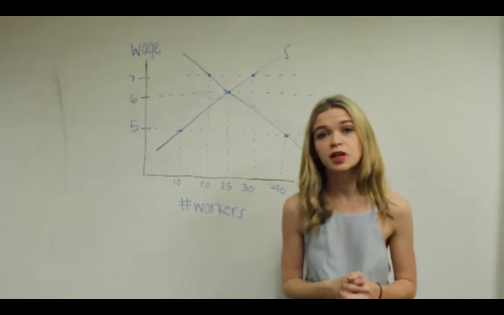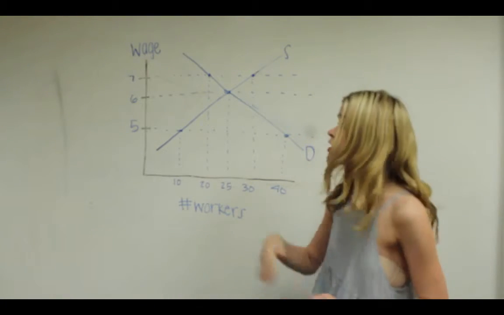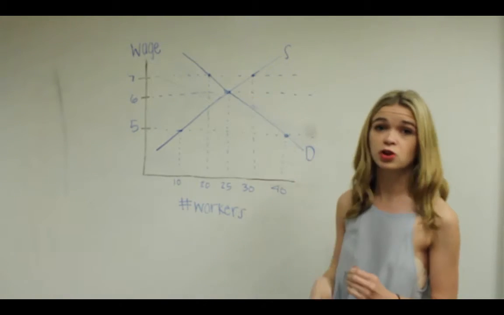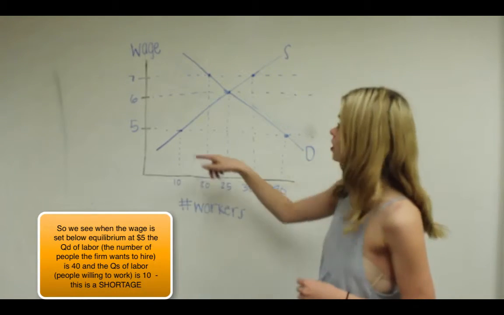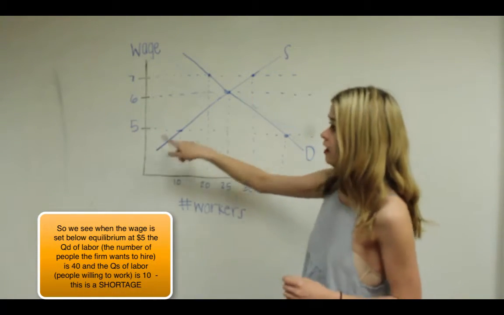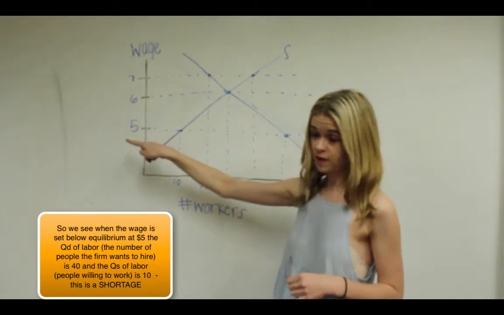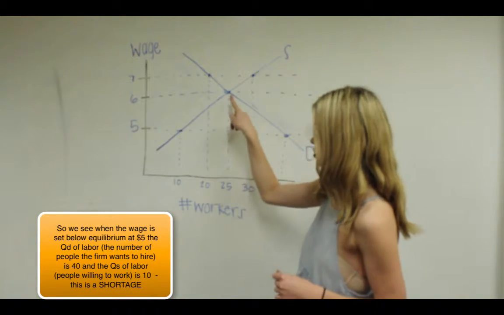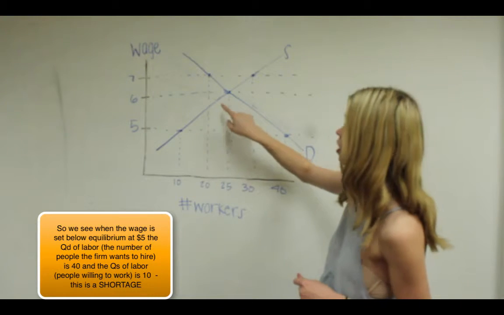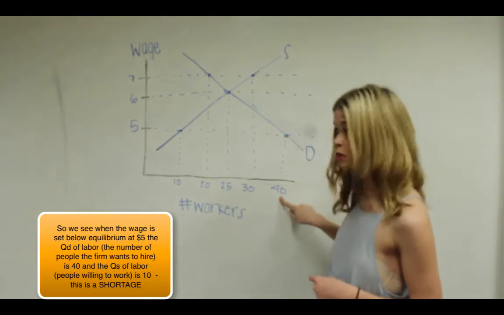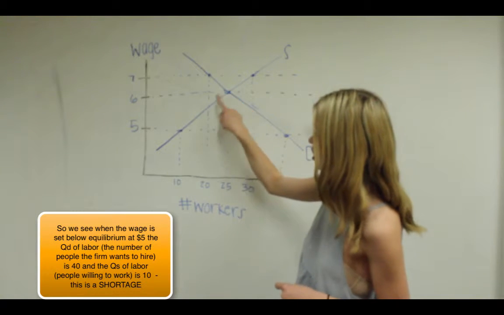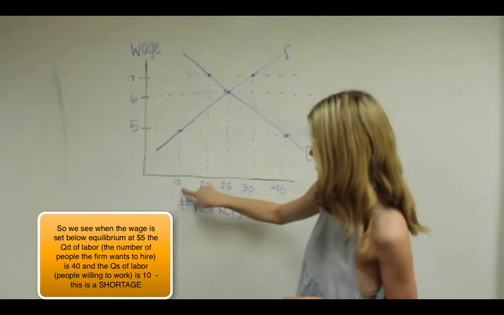All right, now let's look at a wage that's below the equilibrium. Just like with a wage above, we're not going to shift these curves or lines, we're only going to move along them. If we decrease our wage to 5, which is below equilibrium, our quantity demanded increases to 40, and our quantity supplied decreases to 10.